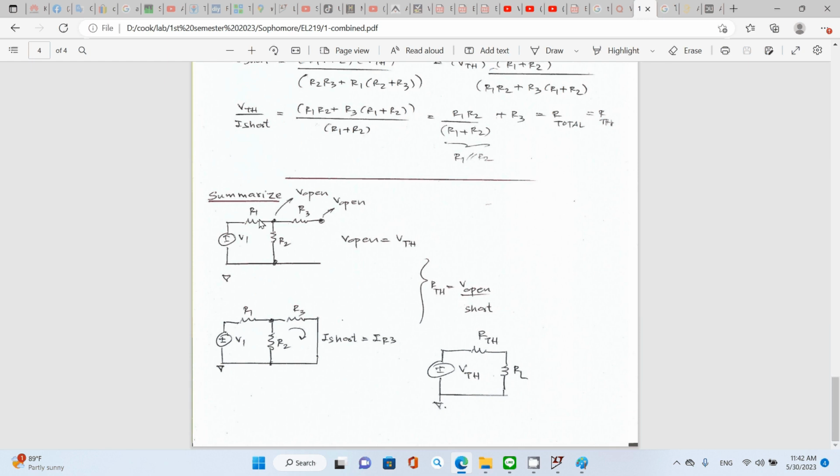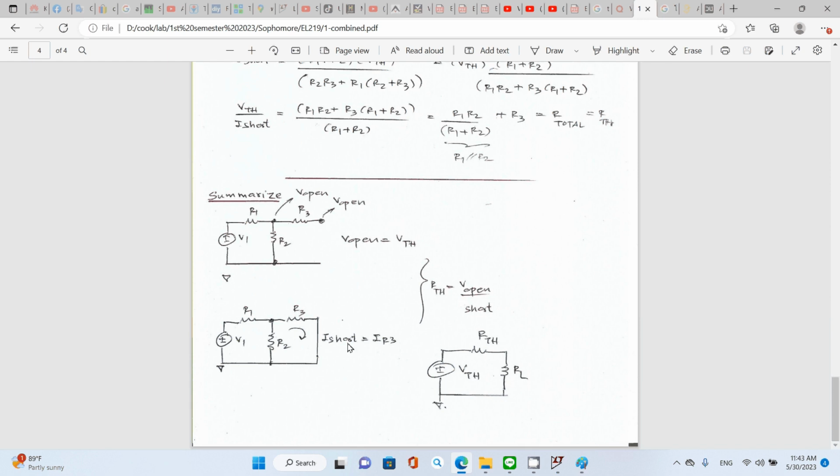Let's summarize. For the Thevenin equivalent circuit, you look for VTH and RTH. Your VTH simply becomes V open. You remove your external device, and then you measure the voltage at this point and this point, which are the same.